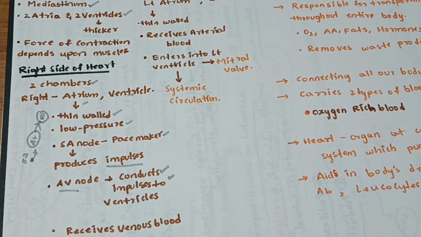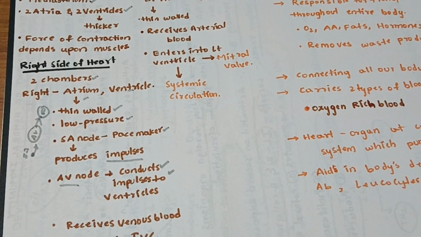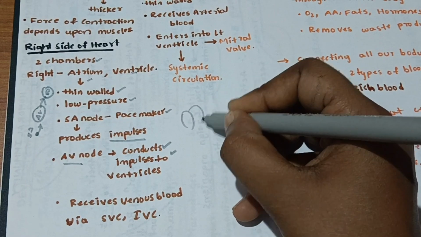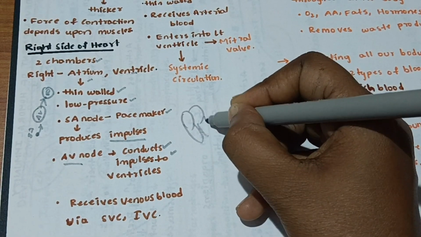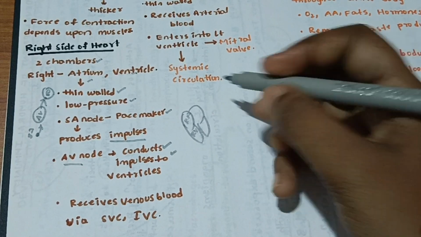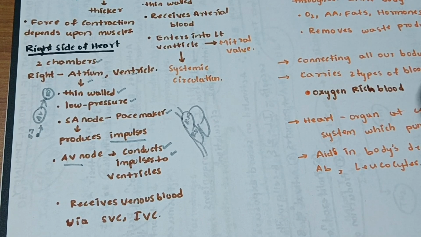Right? Now, the right atrium receives venous blood. This is the right atrium and right ventricle. Here we have the superior vena cava and here we have the inferior vena cava.